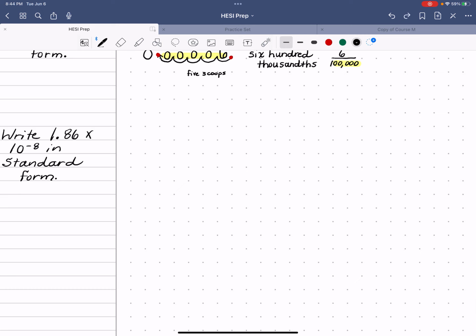Let me do it right here. 1.86 times 10 to the minus 8. All right, so let's bring this number down. It already has a decimal in it. I'm going to pick that decimal up, and I'm going to scoop 8 spaces. Which way? Left.